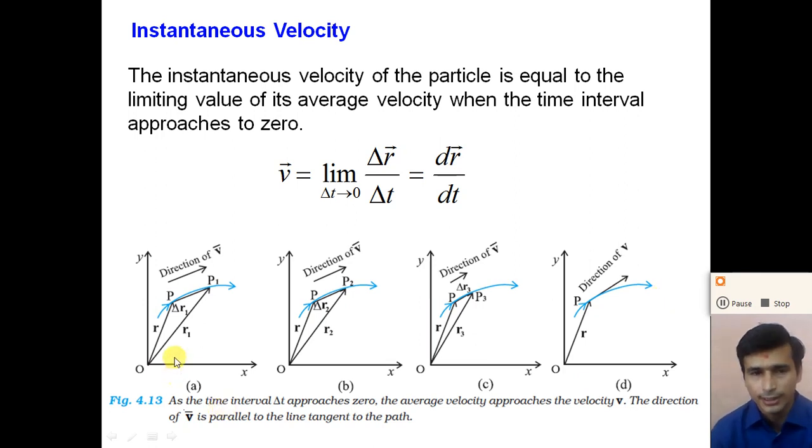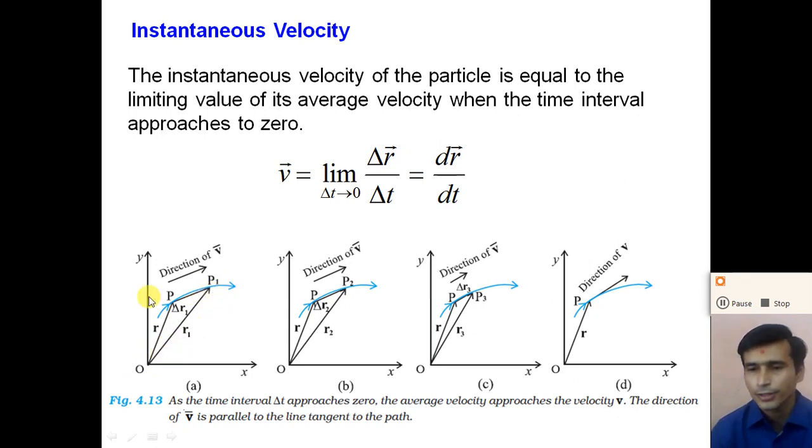Suppose the object is moving along a curved path like this blue line, right? At the time t, the object is at a point P. After some time, the object is at a point P1. So the position of the point P is a vector R and the position of the point P1 is a vector R1, right?